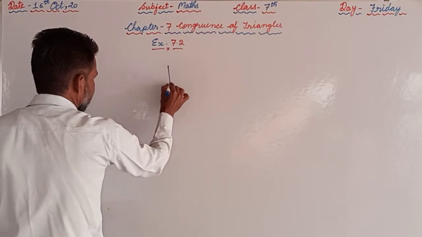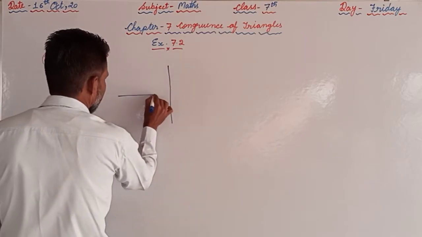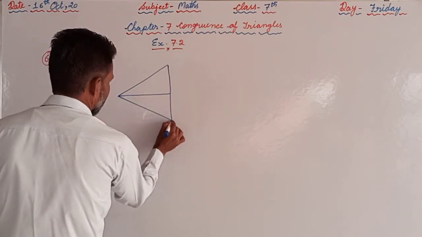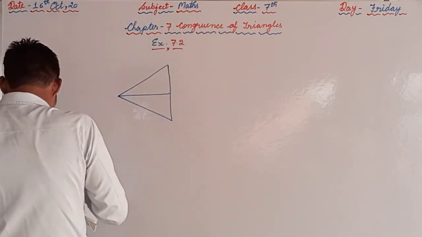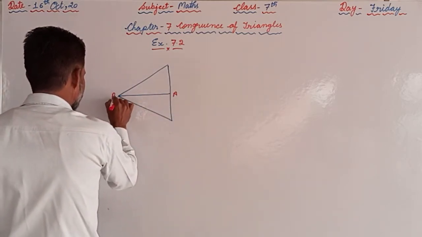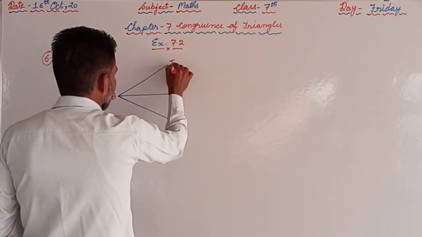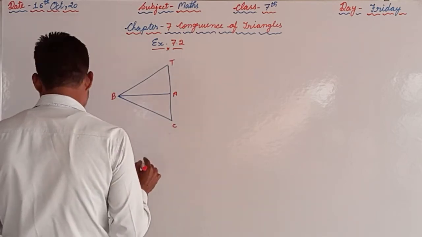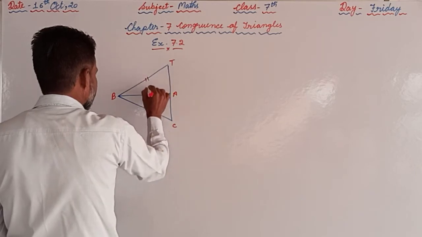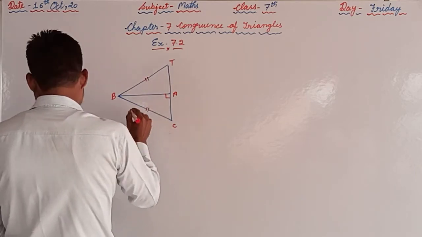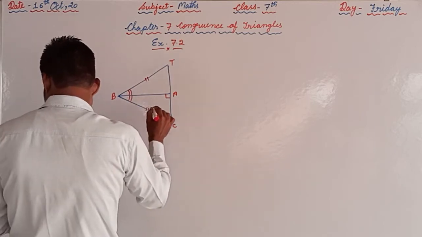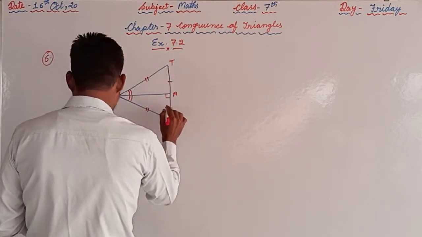One is like this, and the naming has been done, that is A, B, P and C, such that this is given 90 degrees and this side is given equal to this side, and this angle is given equal to this angle, and this side is equal to this side.